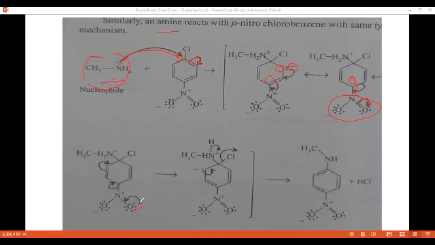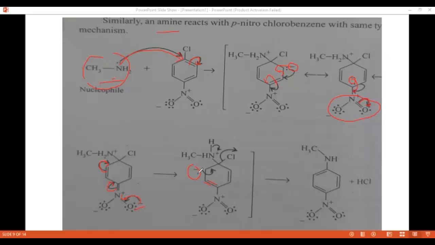In the next resonance structure, the negative charge is delocalized again here. Then the bond between carbon and nitrogen breaks in the direction of this carbon-carbon single bond, with formation of a double bond, and again this double bond breaks in the ortho direction. This ortho carbon again carries the negative charge.